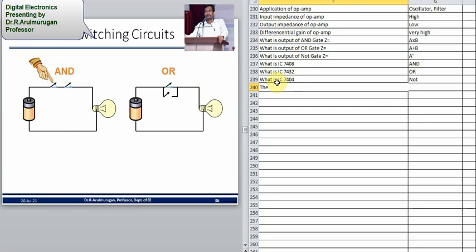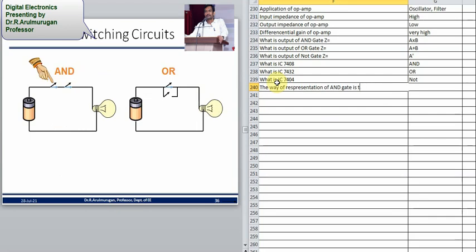The way of representation of AND gate is two switches connected in series. You should know that very clearly.